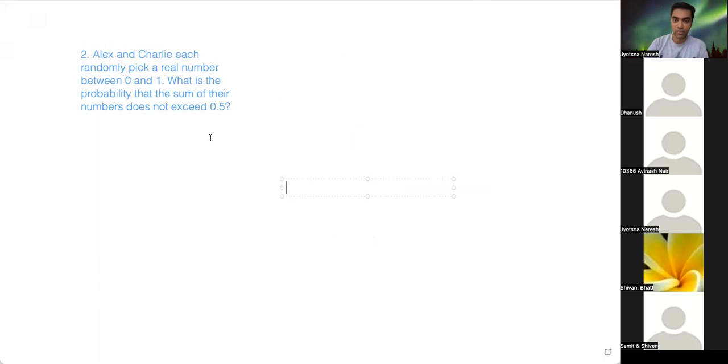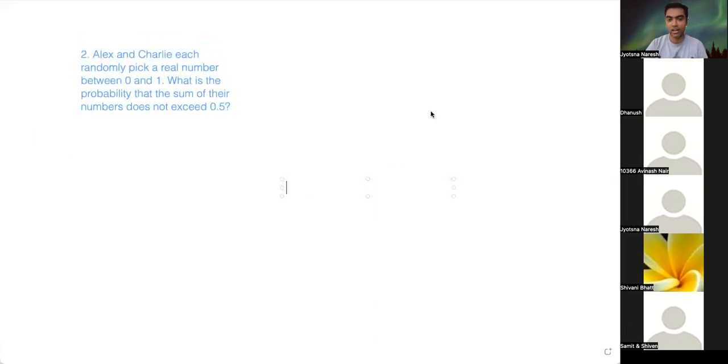Any answers for this one? I am not sure about this one. Is it 49 out of 99?